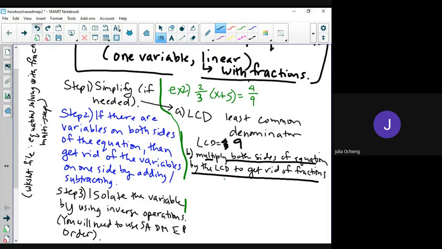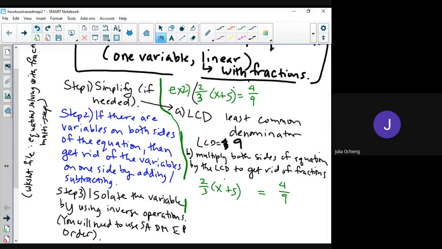So we're going to do that. So I'm going to first copy that equation down. So I'm going to multiply this side of the equation by 9, and I'm also going to multiply this side of the equation by 9. I'm just going to distribute that.